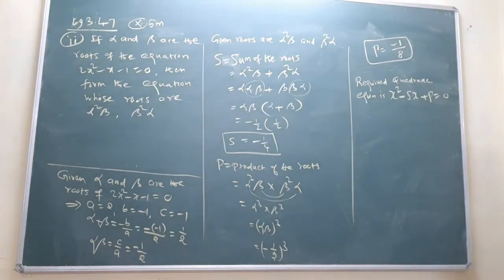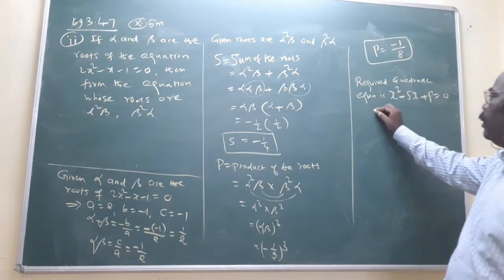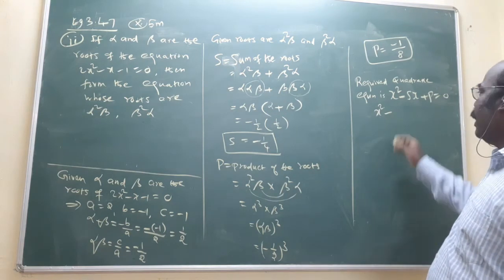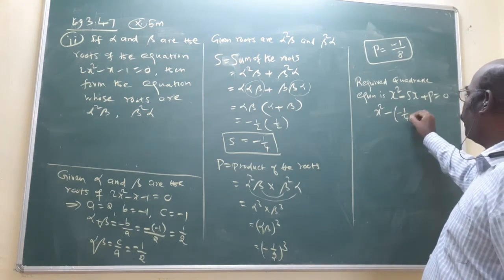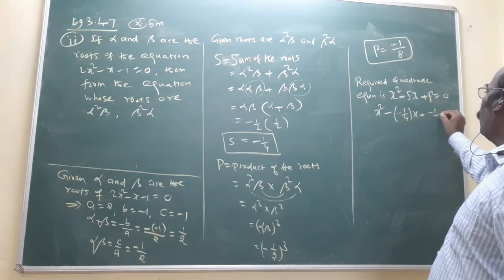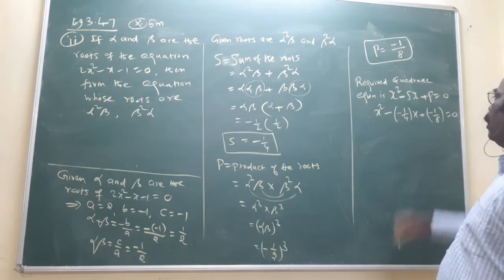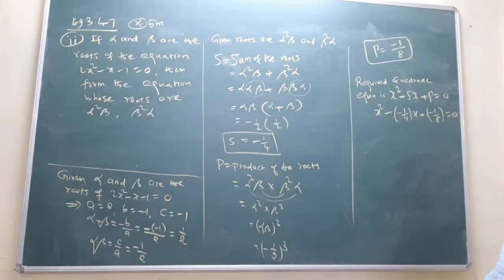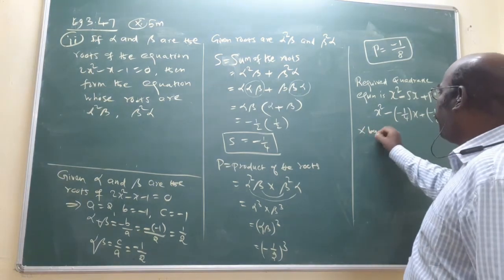Now the required quadratic is the same formula. Substitute here: x square minus S x plus P, that is x square plus 1 by 4 x minus 1 by 8. Now we don't want brackets, that's why multiply by 8.